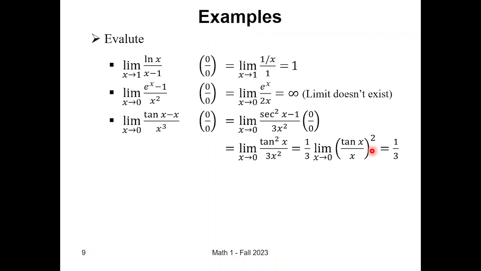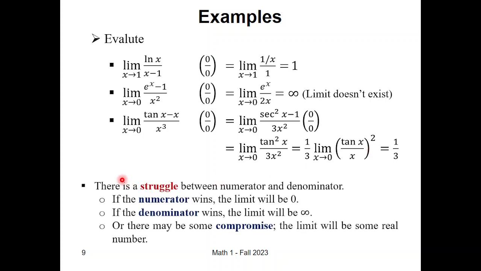We have here an important note: what is the meaning of finding the limit of 0 over 0? In this case, we say that the numerator is a function that approaches 0, and also the denominator is a function approaching 0. What happens finally when this arrives at 0 or is very, very close to 0?